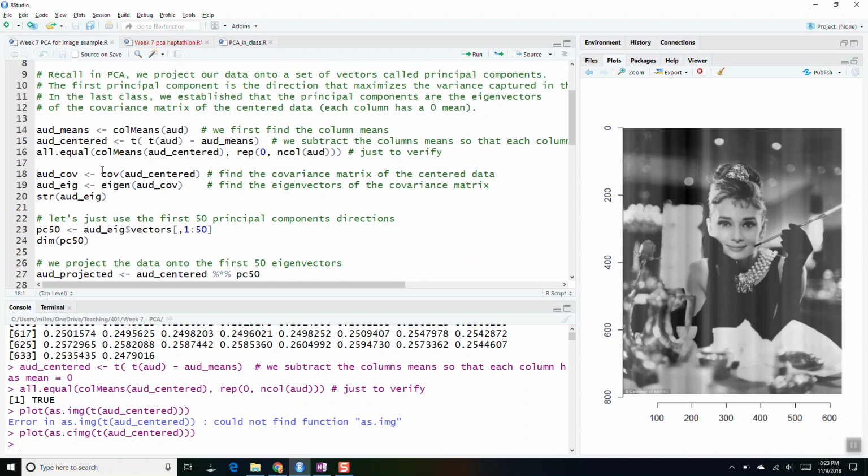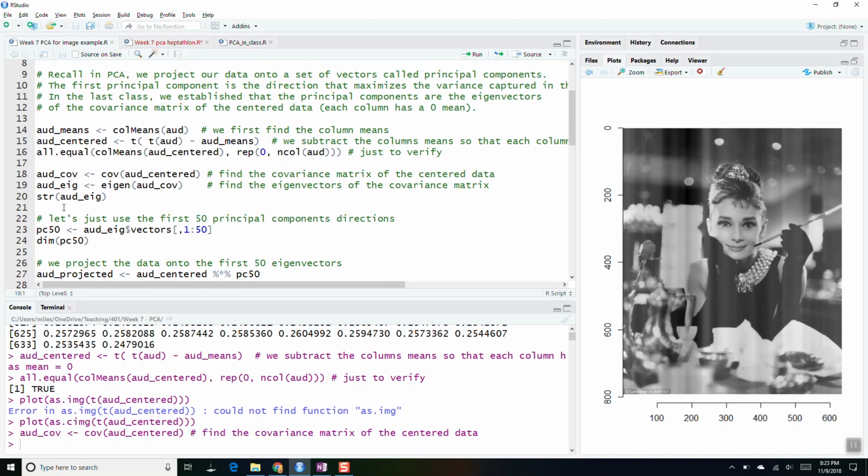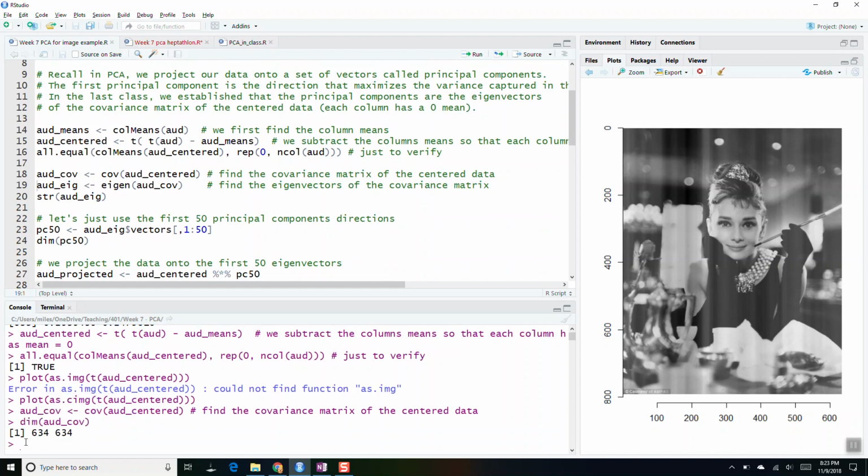But anyway, I'll go ahead and find the covariance matrix of our centered thing, okay? And so our covariance matrix, if I ask for the dimensions of this, it's 634 by 634, because we had 634 columns in our original data, okay?